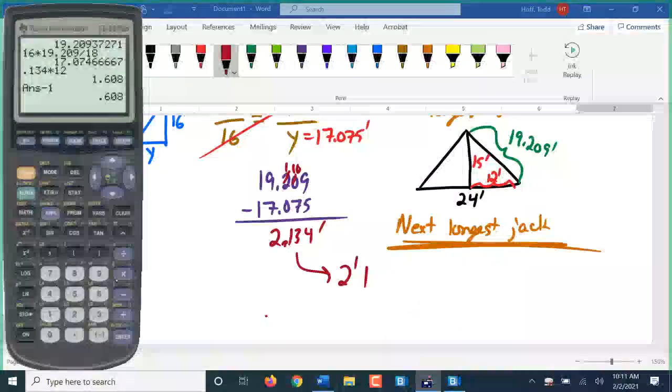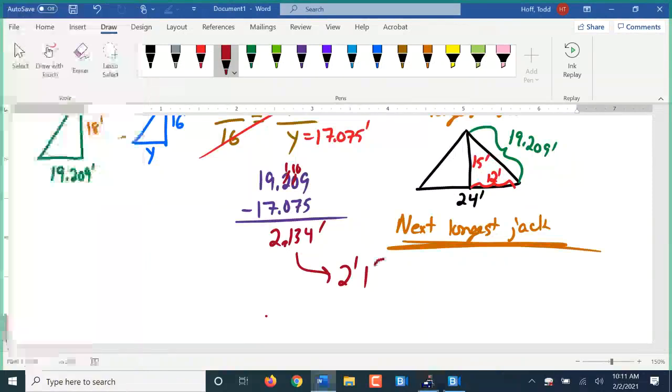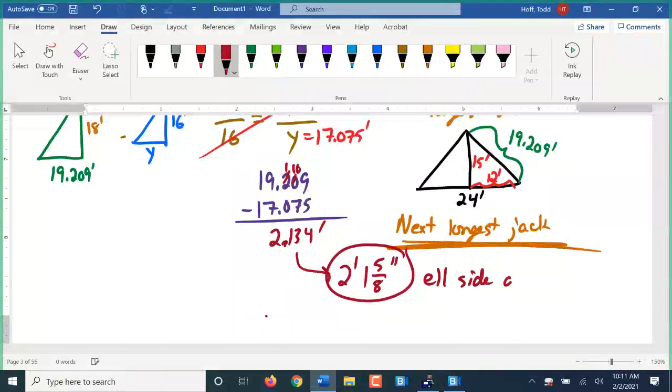Then take that 0.608 times 16, and you get 9.7, which is 10/16 or 5/8 of an inch. That is the L side decrease, the decrease on the L side of the valley.